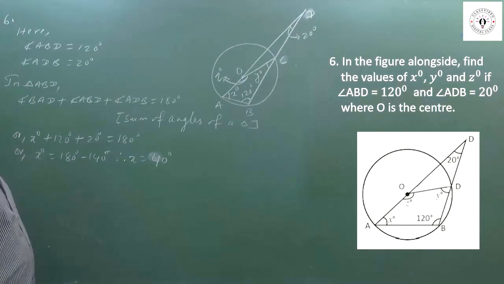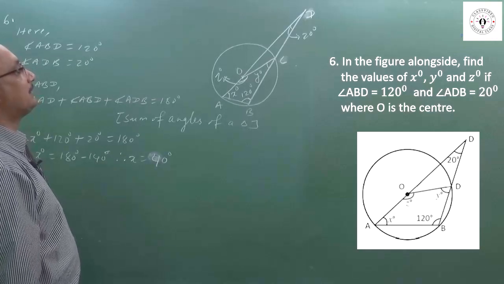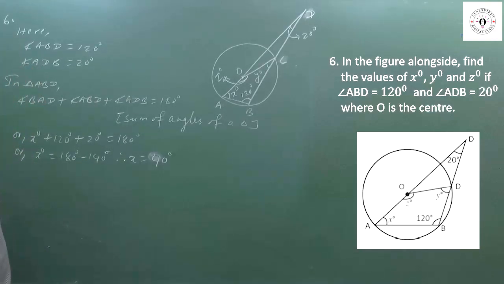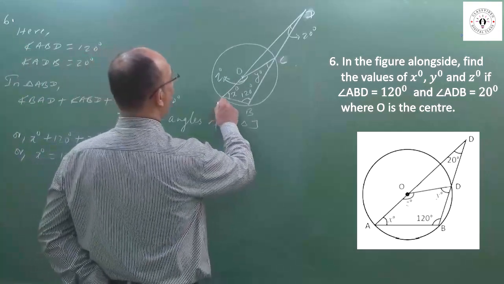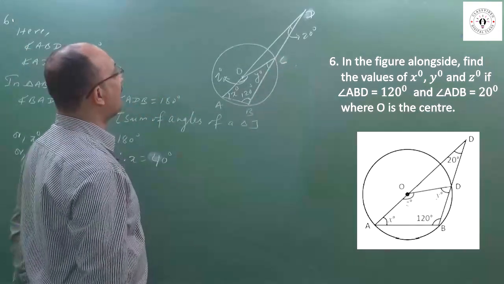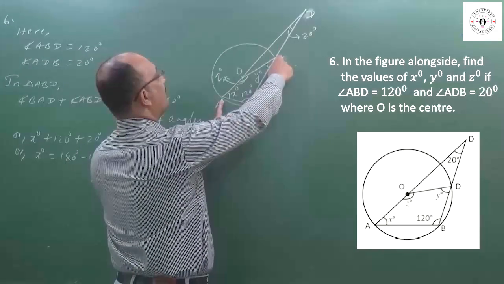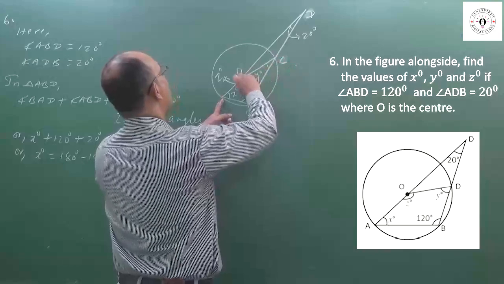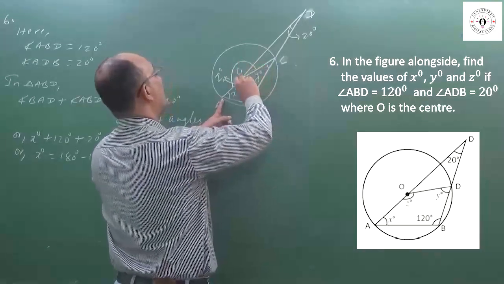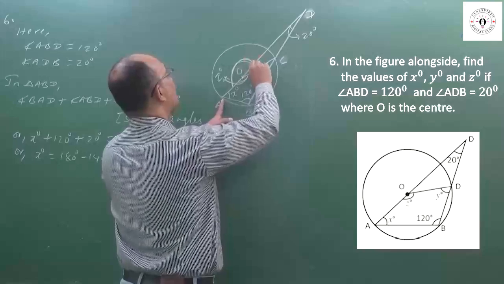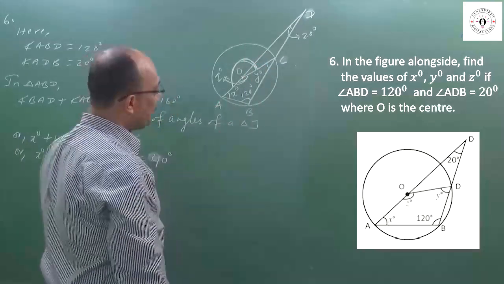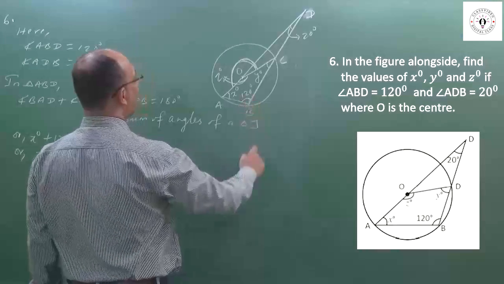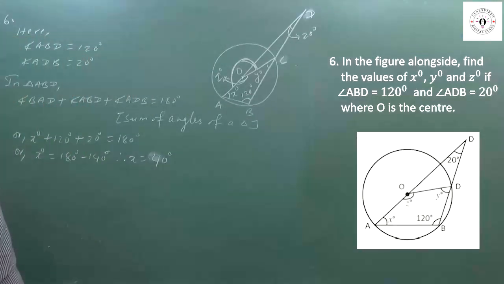Now we have to find the value of Y, as well as the value of Z. Look here, Y and Z. ABC is an inscribed angle standing on major arc AC, and the same major arc AC subtends this angle at the center. If the same arc subtends an angle at the center and at the circumference, then the central angle is 2 times the inscribed angle.